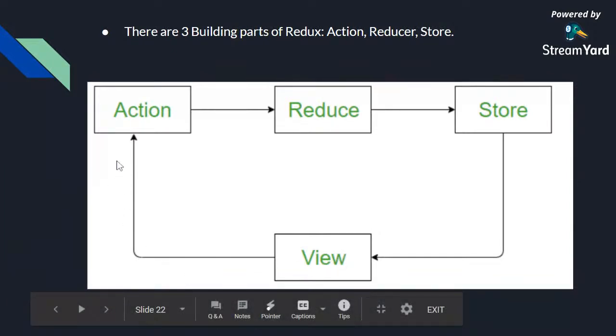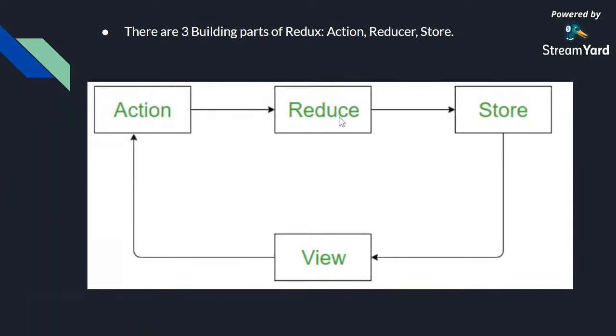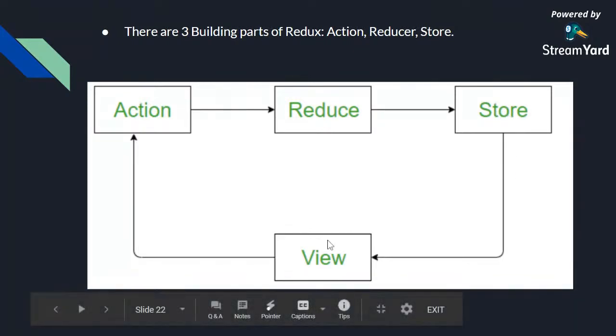It will call the dispatch function with the action in it, and that action will go to the reducer, and the reducer will see what type of action it needs to perform. It will perform the logic that you have added into the reducer, and then pass the updated data to the store, which the store will reflect to the UI. This is how the entire flow of Redux works.